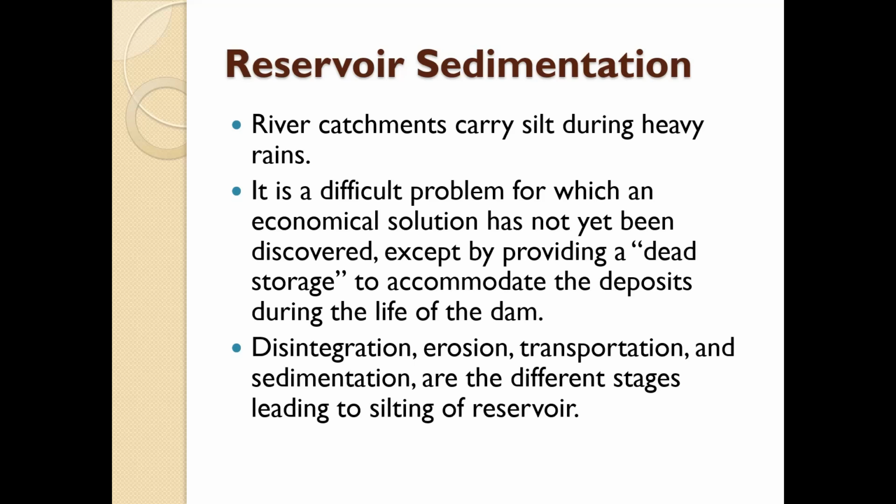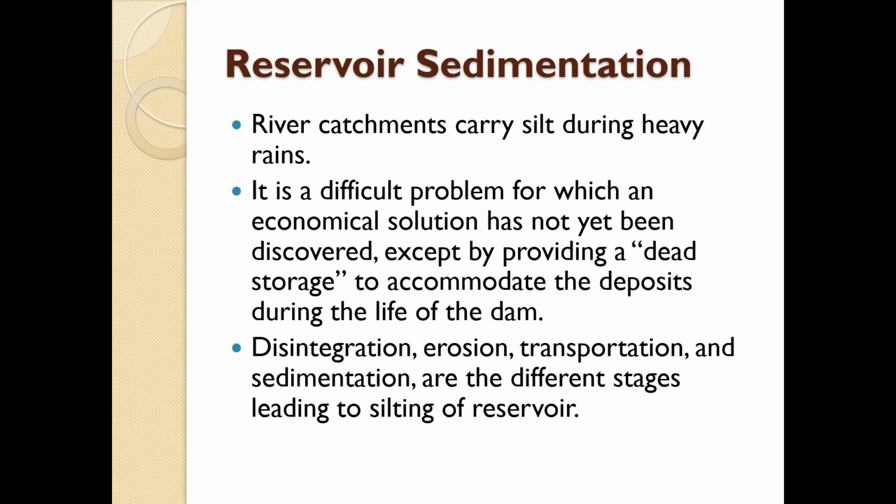When the silt laden water reaches a reservoir in the vicinity of the dam, the velocity and the turbulence are considerably reduced. The bigger suspended particles and most of the bed load therefore get deposited in the head reaches of the reservoir.